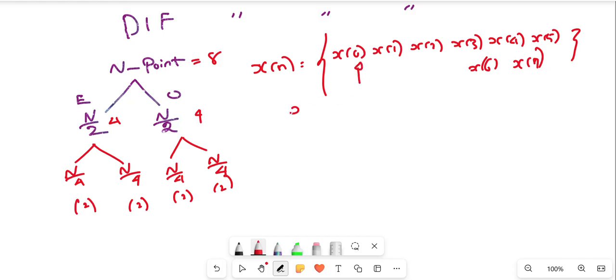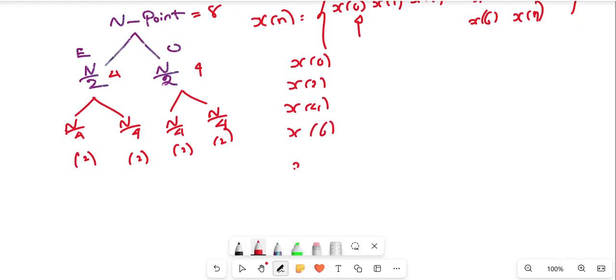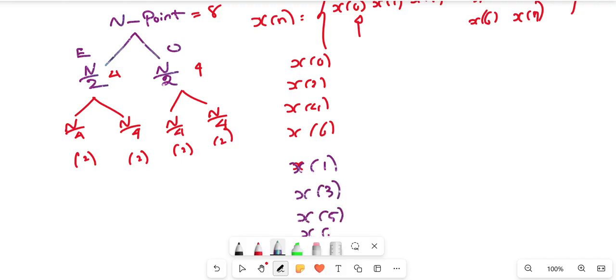So it will be x of 0, x of 2, x of 4, x of 6, and x of 1, x of 3, x of 5, x of 7.